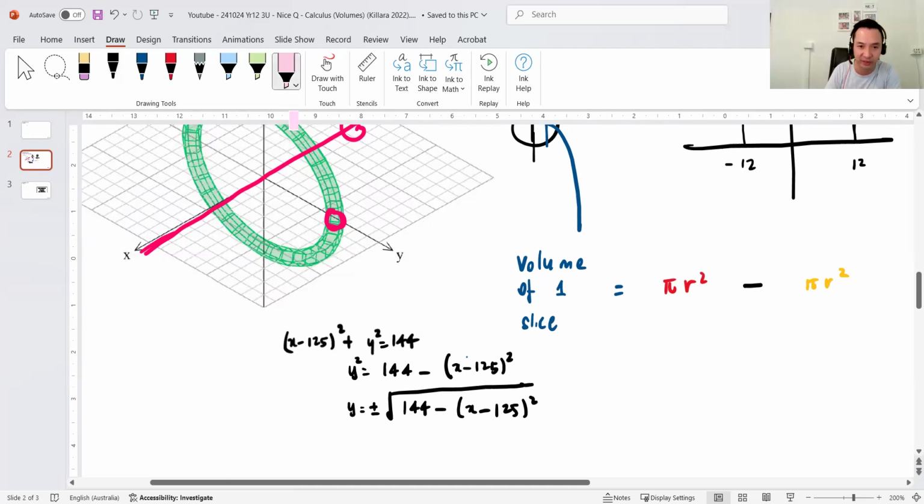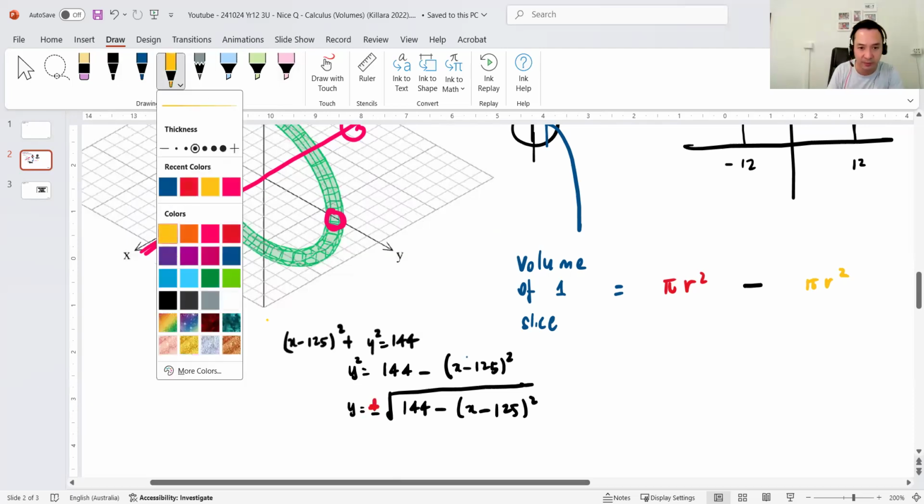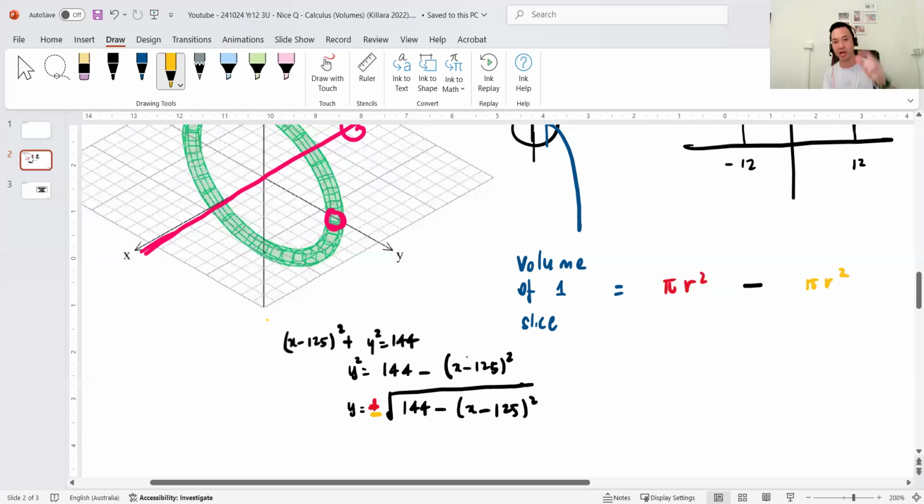Guys, that's the Y value. Now, see the significance of the plus minus, right? Just to be absolutely clear, the plus case is the red R, and the minus case is the yellow R, right?